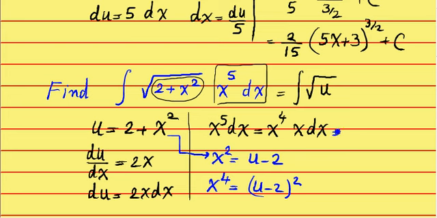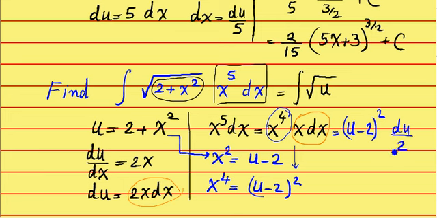So where are we right now? X to the power of 4, this portion gets substituted by this formula. That's u minus 2 squared. X dx, well, that is half of this, which is half of that. So that's going to be du over 2. Okay, so once again, this radical substitution was easy.